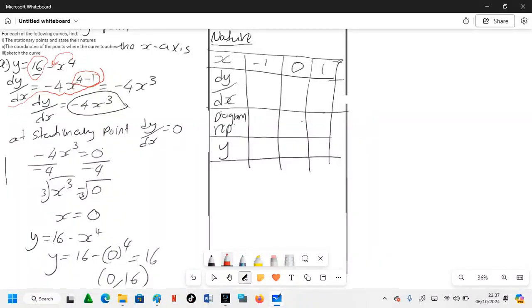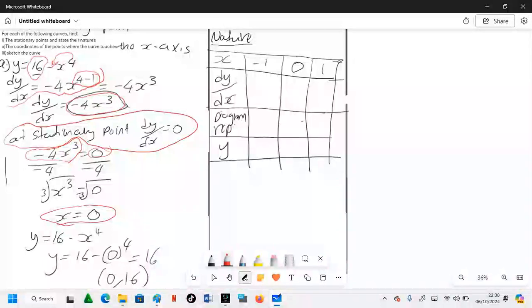So dy dx is equal to negative 4x to the power of 3. And of course this is a principle that you should have in mind, that at stationary points dy dx is 0, and therefore we equated our negative 4x cubed to 0, so that x is equal to 0. And therefore you can say that our stationary point is at the point where x is equal to 0.